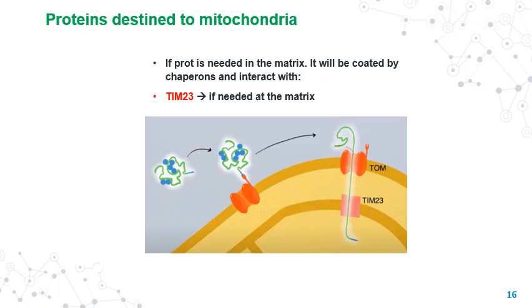Well, you're going to think about TIM23. That looks like an N, sideways, 3. Does it help you remember? I hope so. So TIM23 goes into the matrix. That's the transporter of the inner membrane.